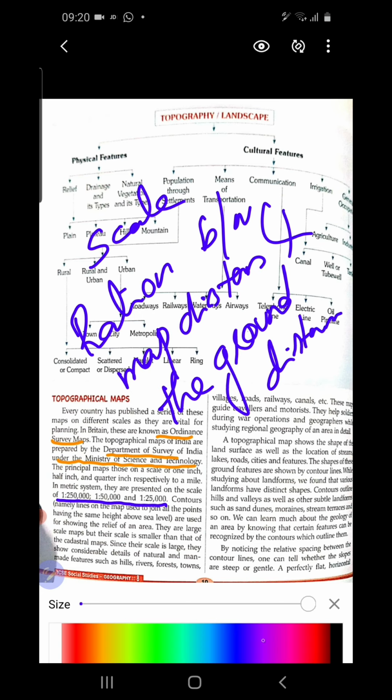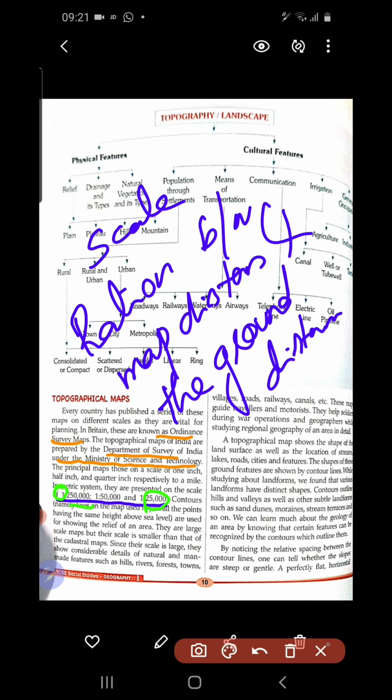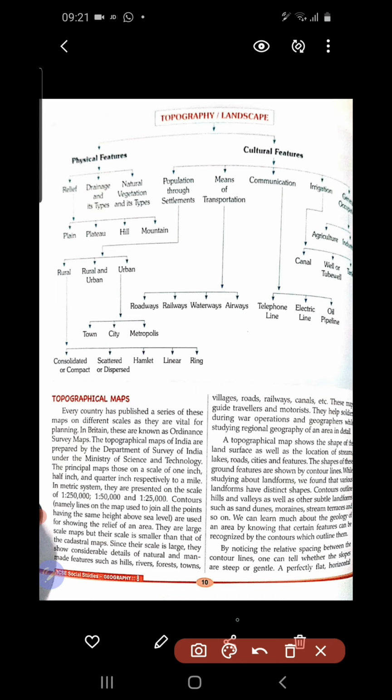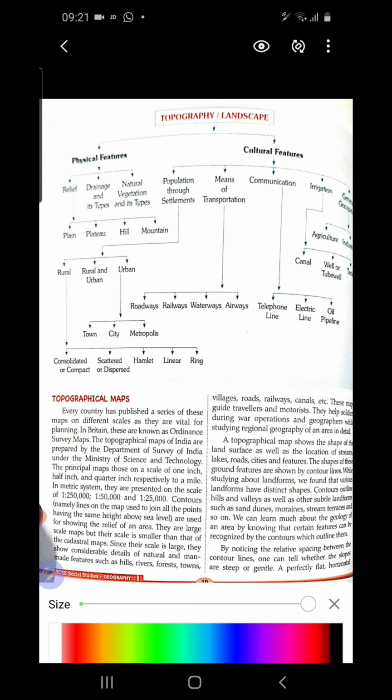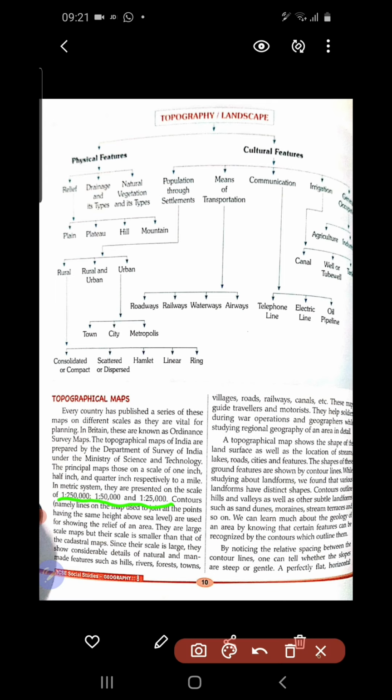Whatever is given here as 1 can be considered the map distance, and 250,000 is considered the ground distance. Suppose the real distance on the ground is 25,000, sometimes in the map it will show only 1 inch or 1 centimeter. Understood? So map distance and ground distance. I hope you understood. So these are the 3 main scales adopted for making topographical maps.